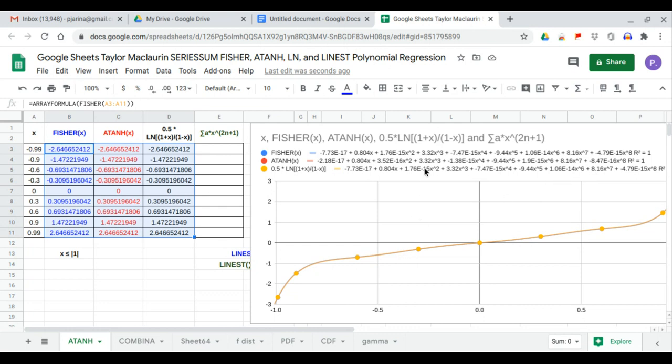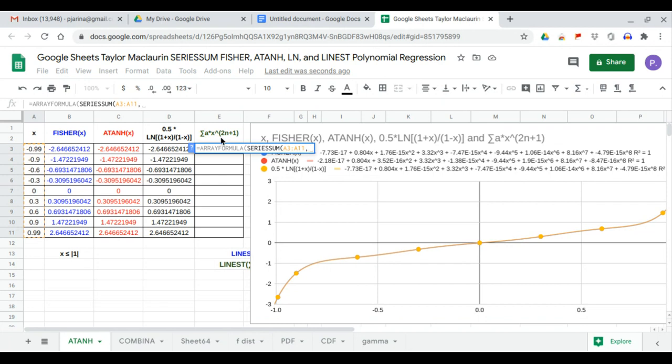Next, we factor in the Taylor-Maclaurin series sum of ATANH, which is equal to array formula, that is series sum of the x values.